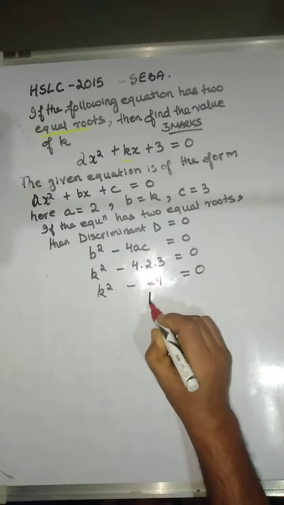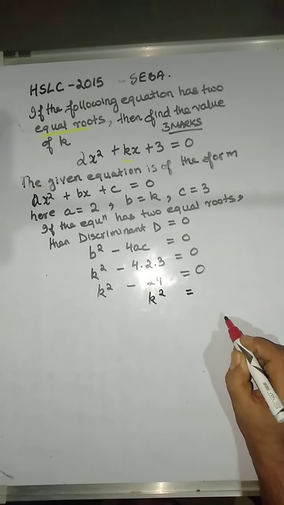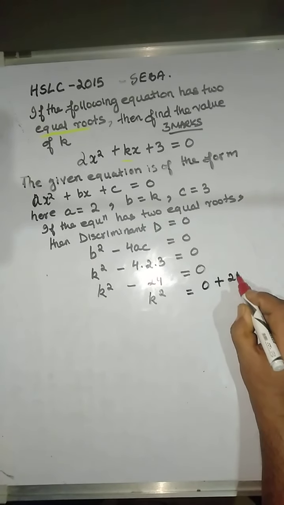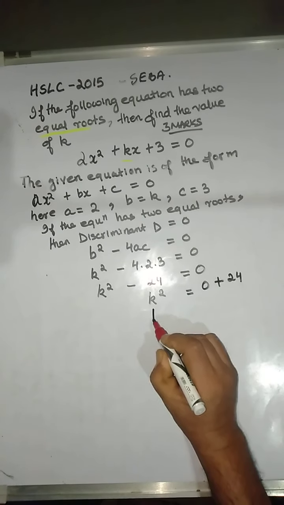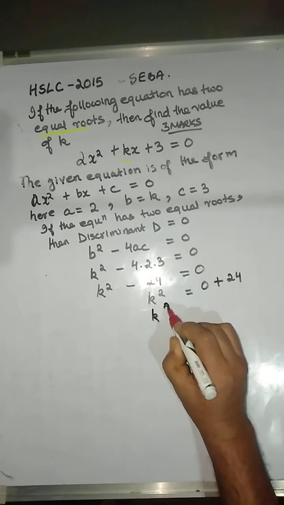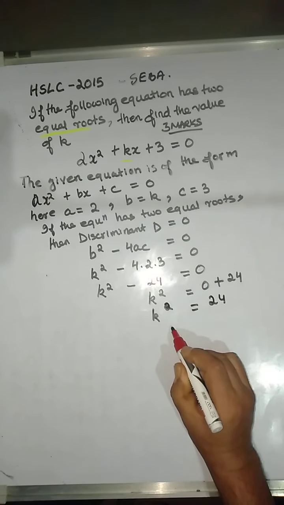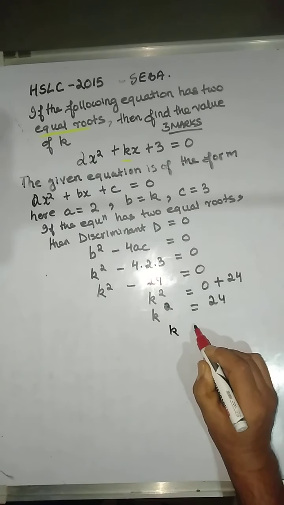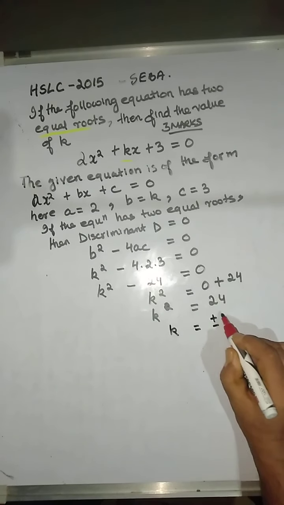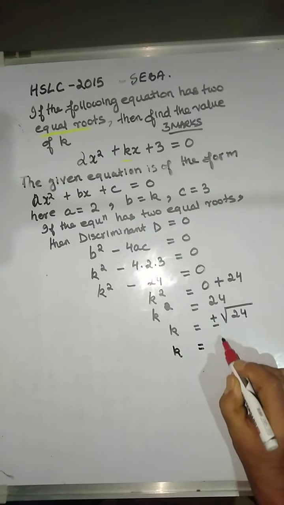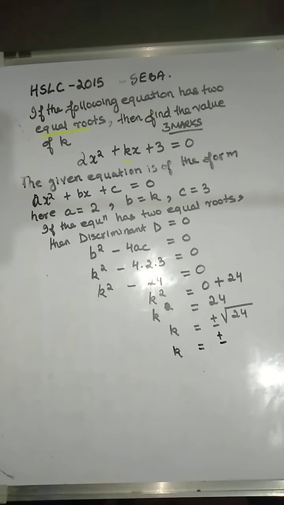Which implies that k squared should be equal to 0 plus 24. k squared is equal to 24. k would then be equal to plus minus the square root of 24, which can be further written as plus minus the square root of 4 6s are 24.